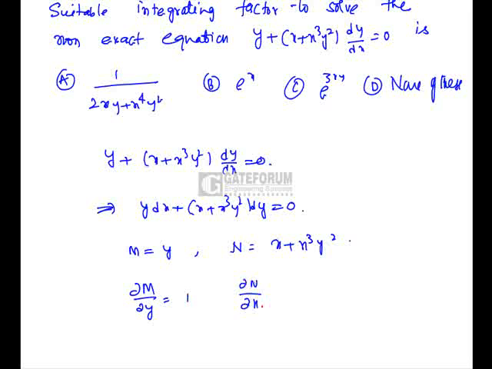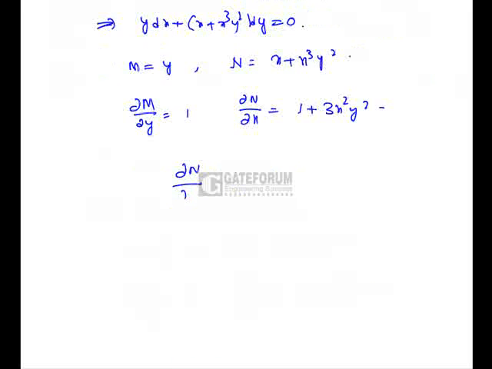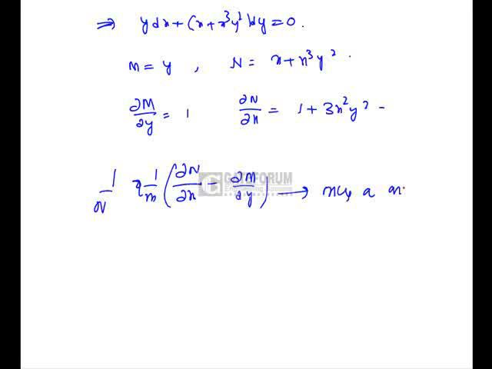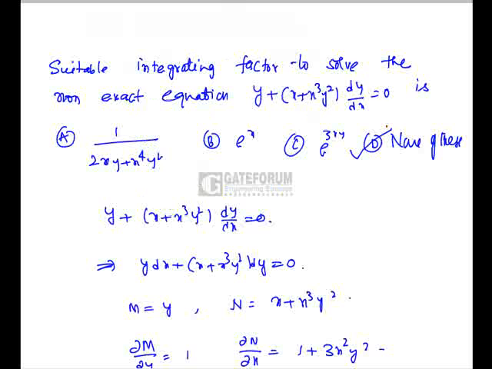Dou N by dou x will be 1 plus 3 times x square y square. Now, taking (dou N by dou x minus dou M by dou y) times 1 by M, or 1 by N, the value is not in terms of only x or only y. So it is not in any standard form. So the answer is none of these, because we cannot find any integrating factor here.